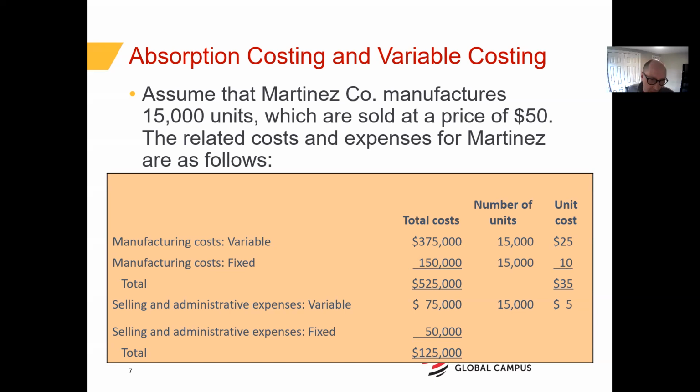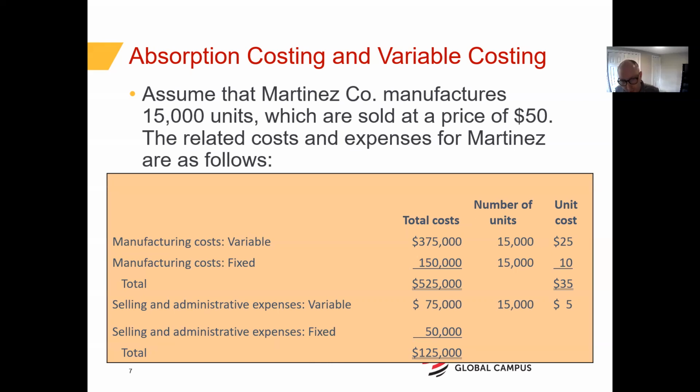Then we have our fixed manufacturing costs, $150,000, 15,000 units at $10 per unit, giving us a total of $35 per unit of manufacturing costs.